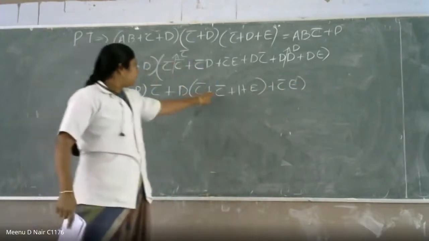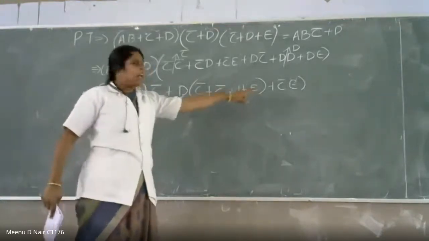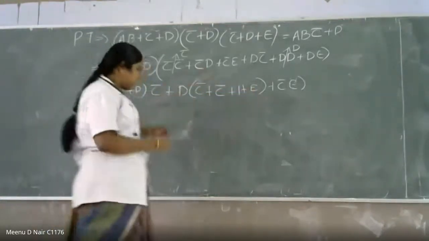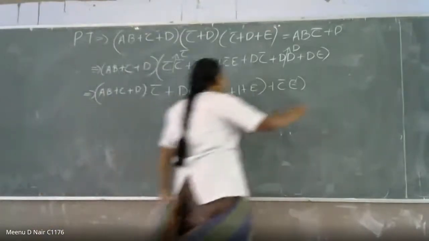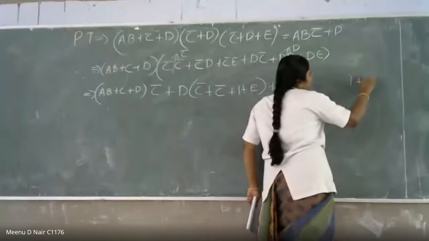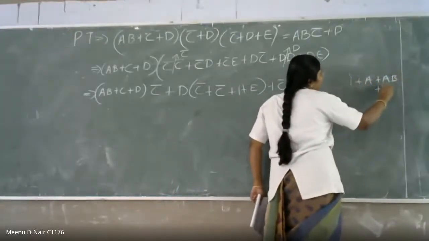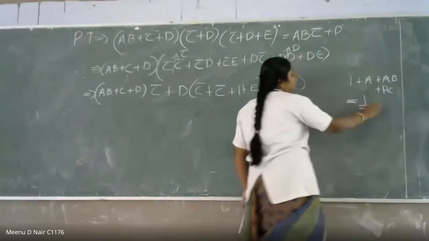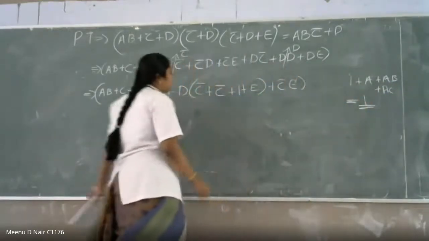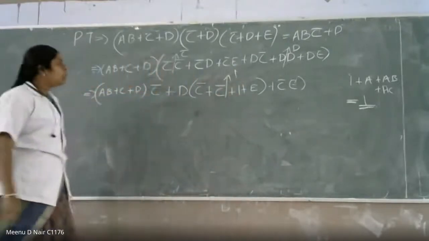You are taking D outside. So what is this answer? This is 1 plus any term, 1 plus A plus AB plus AC, whatever it is, the answer will be equal to 1 only. Okay. So this term will be equal to 1.